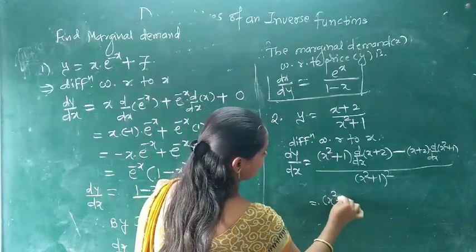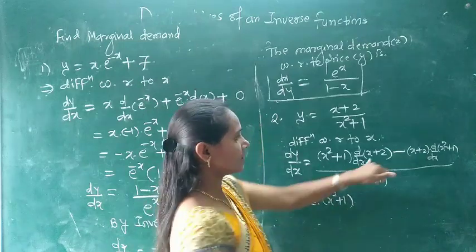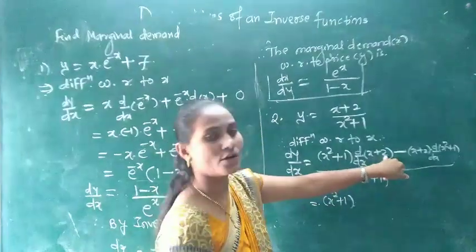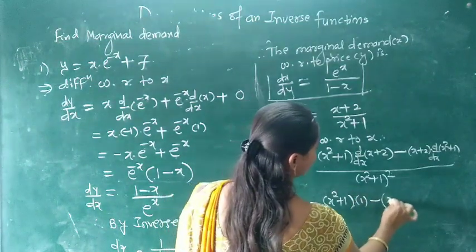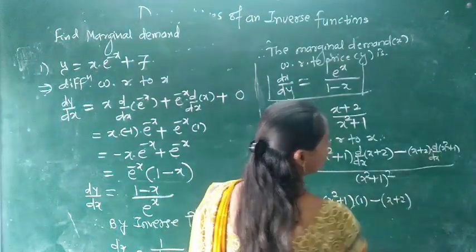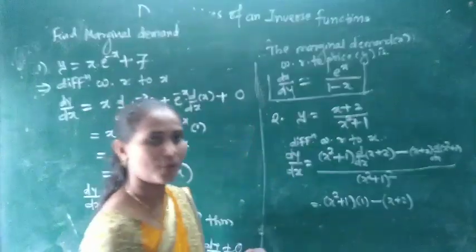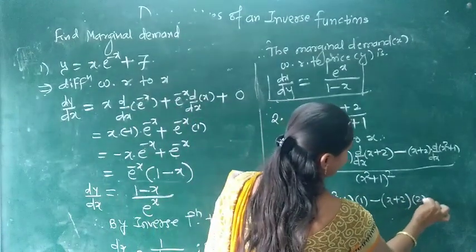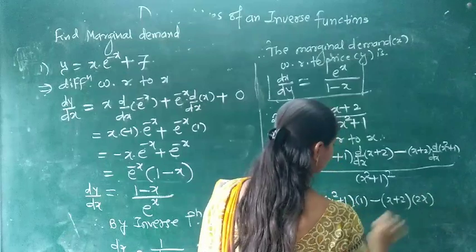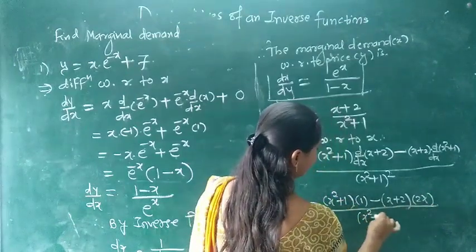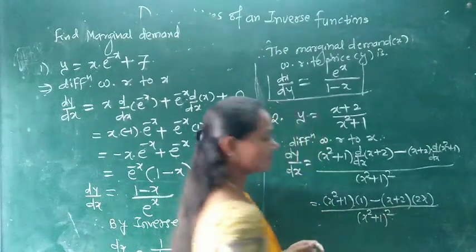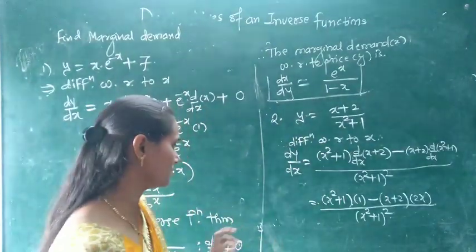Is equal to, so the first as it is, x square plus 1, into the derivative of x plus 2, where the derivative of x is 1 and the derivative of 2 is 0, so into 1, minus x plus 2 as it is into the derivative of x square, which is 2x, plus the derivative of 1, which is 0, and this denominator keep as it is, (x square plus 1) bracket square.